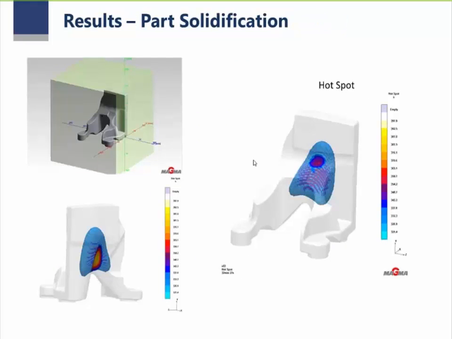And here we present the first results of this MAGMA simulation. For example, we see some hot spots around this region, which is not very far from the critical region that we showed before.